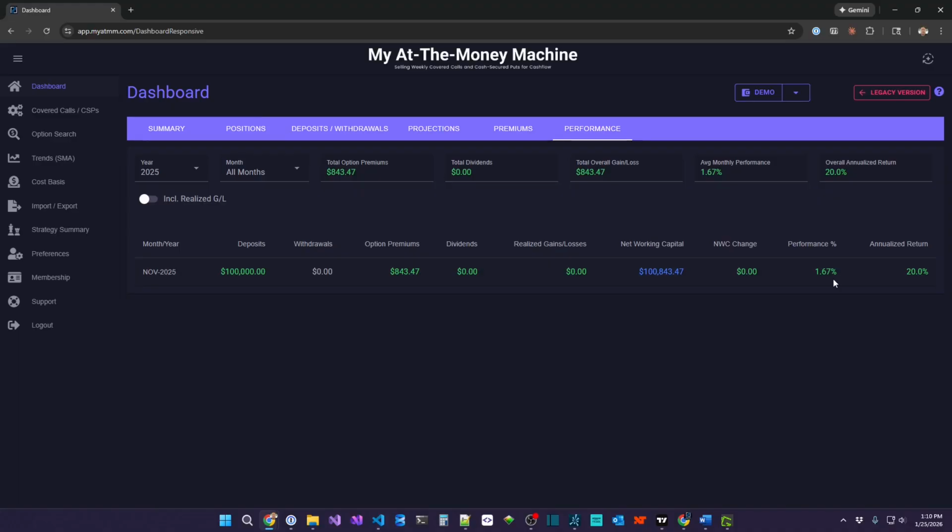So my goal is I like to focus on making 1% a week or 4% total any given month. So when I'm in the first week of the month, I focus on this number being 1%. On the next week, I focus on it being closer to 2%, closer to 3%, and so on and so forth.